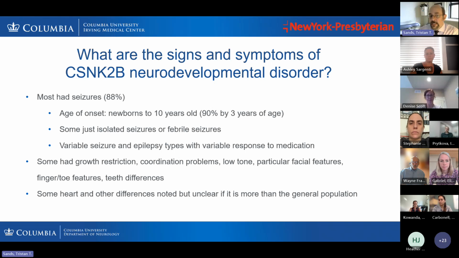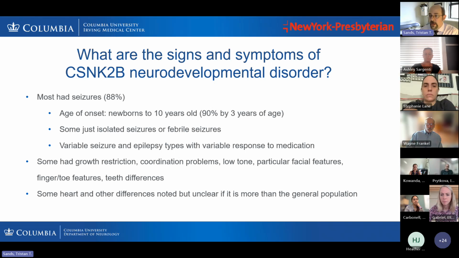Most patients had seizures, but some of those seizures were one-off seizures or febrile seizures. Not everybody had epilepsy, but if you were going to develop epilepsy, the vast majority, 90%, developed it by 3 years of age. So we're looking at really an early onset epilepsy when it does show up. But the type of epilepsy is very variable.